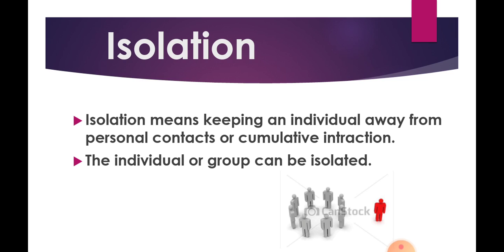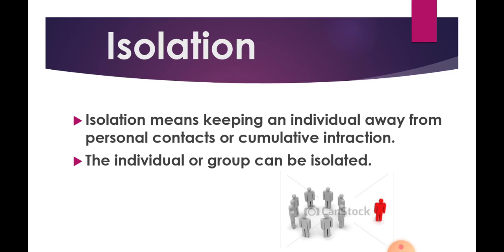Now we will discuss the last point, that is isolation. Isolation means keeping an individual away from personal contact or cumulative interaction. The next point is that individuals or groups can be isolated.